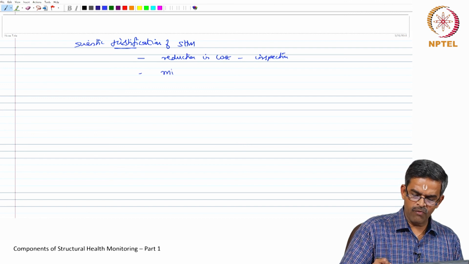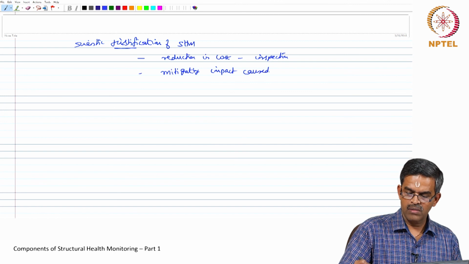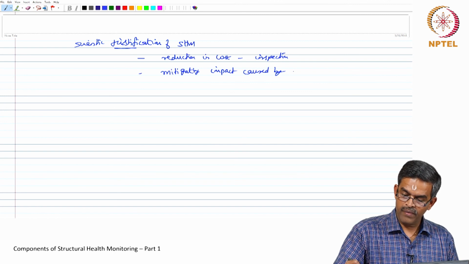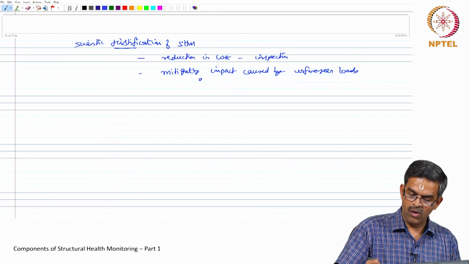It is capable of mitigating the impact caused by unforeseen loads on structural members.